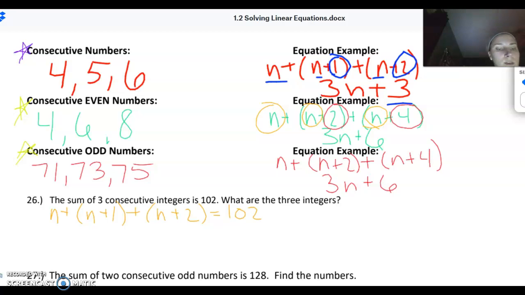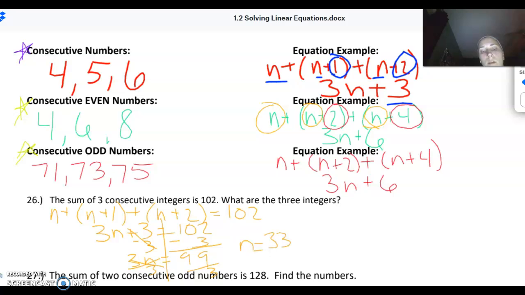When we simplify that, we have our 3n plus 3 equals 102. We're subtracting our 3's, those cancel. 3n equals 99. And then when we divide by 3, n is equal to 33.